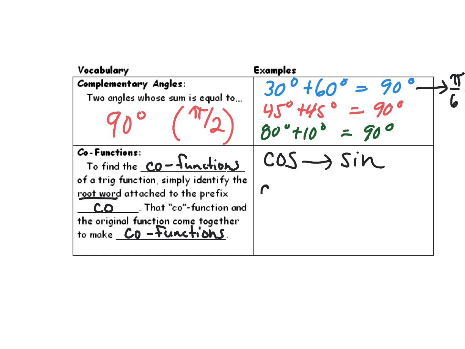Or, we talked about cosecant last week. Well, cosecant, if I just take off co, I have secant. And last but not least, we can have a relationship between cotangent and its cofunction. So if I take co off of the word cotangent, I would just have tangent.